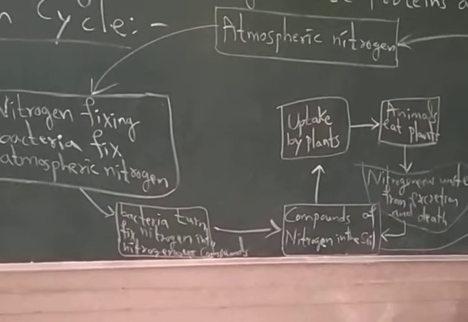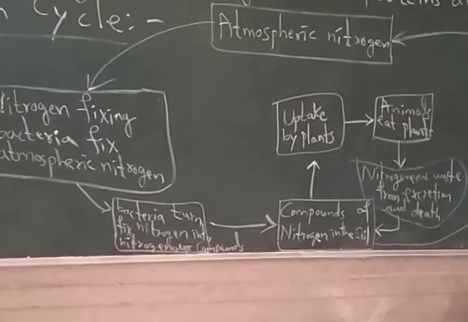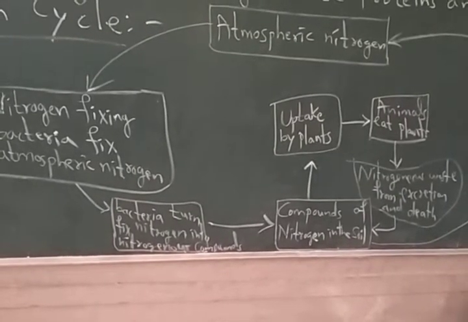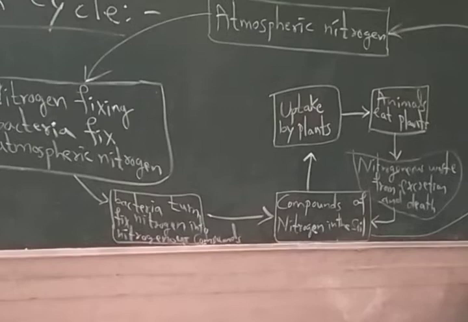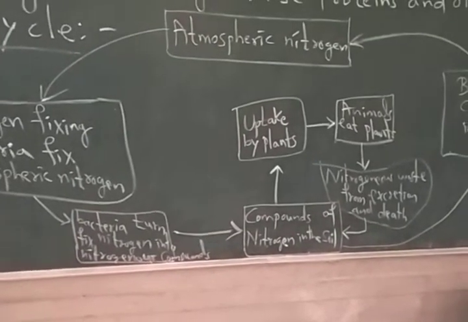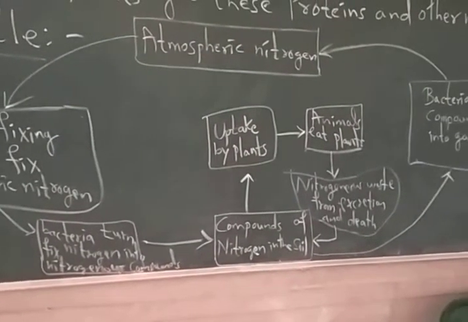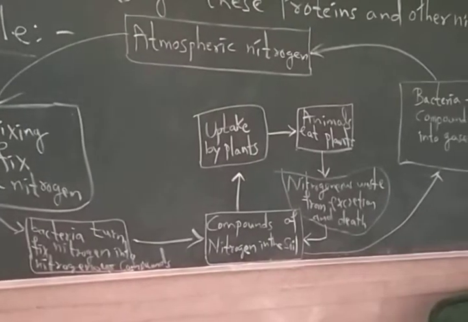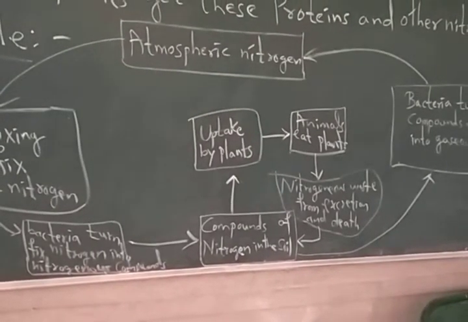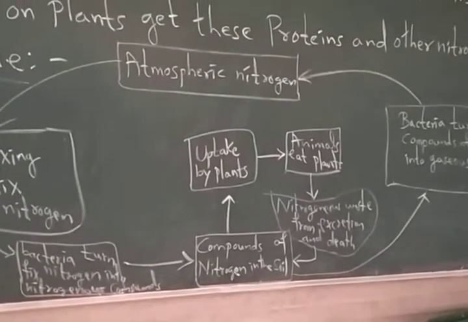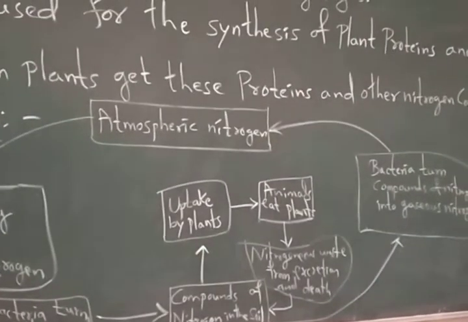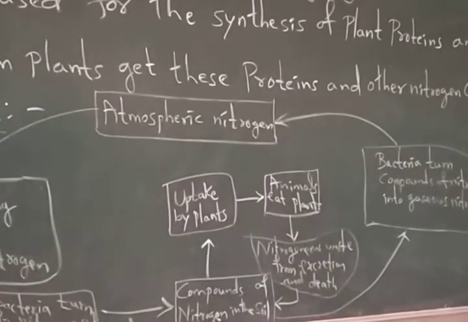After that, bacteria turn the fixed nitrogen into nitrogenous compounds. After that, these compounds of nitrogen are in the soil, and plants take them up. After that, animals eat the plants.